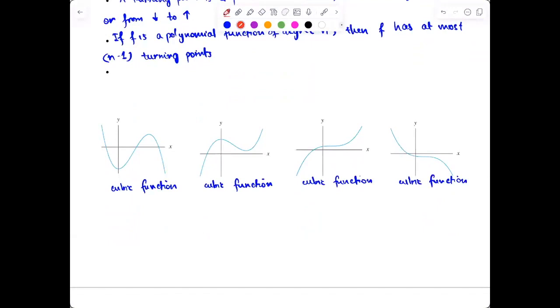Here you have two turning points. Here also you have two turning points.